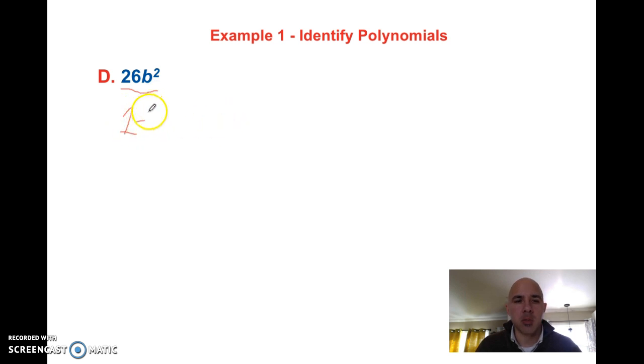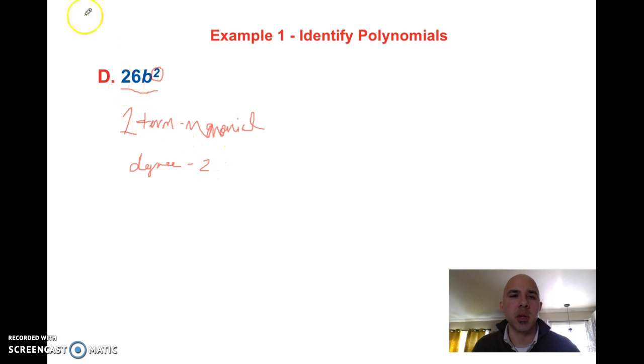So 1 term, little monomial. And the highest degree here goes with the exponent. So my degree is going to be 2. If you have any questions, please let me know.